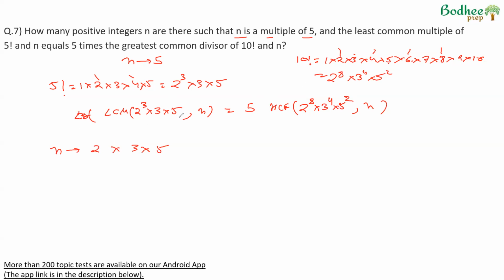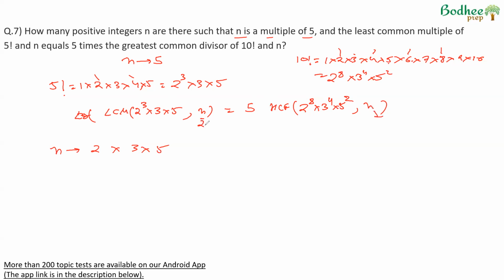Now, what can be the power of 2 for n? If the power of 2 for n is say less than 3, the LCM will have power of 2 as 3 and the HCF will have power of 2 as the power of n.